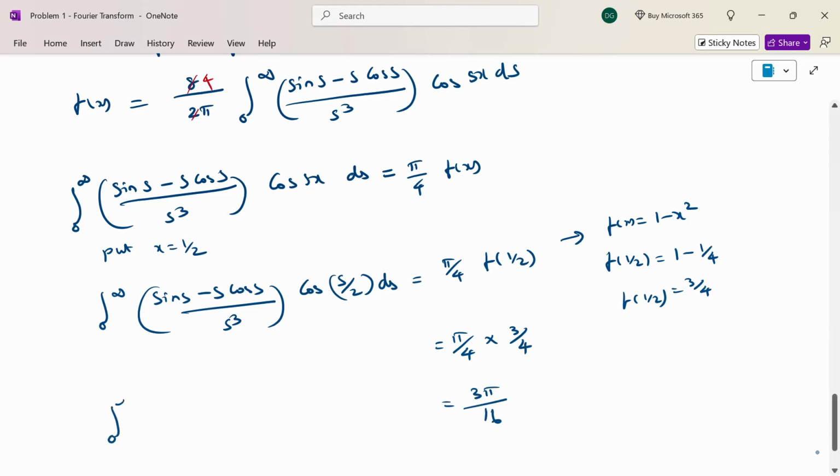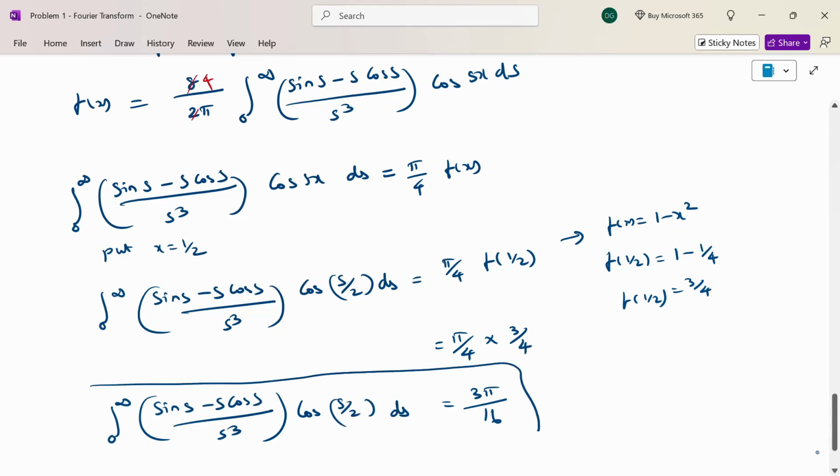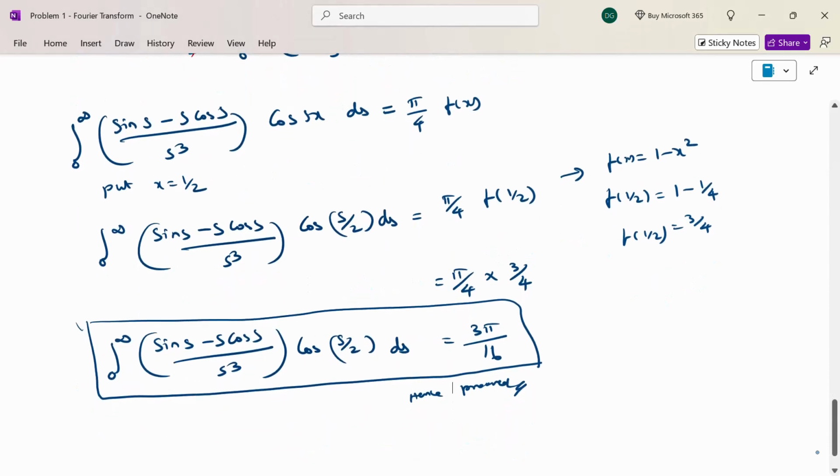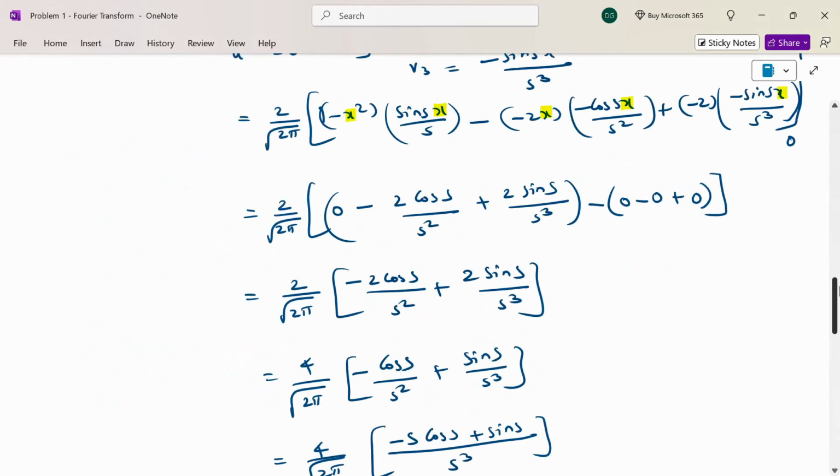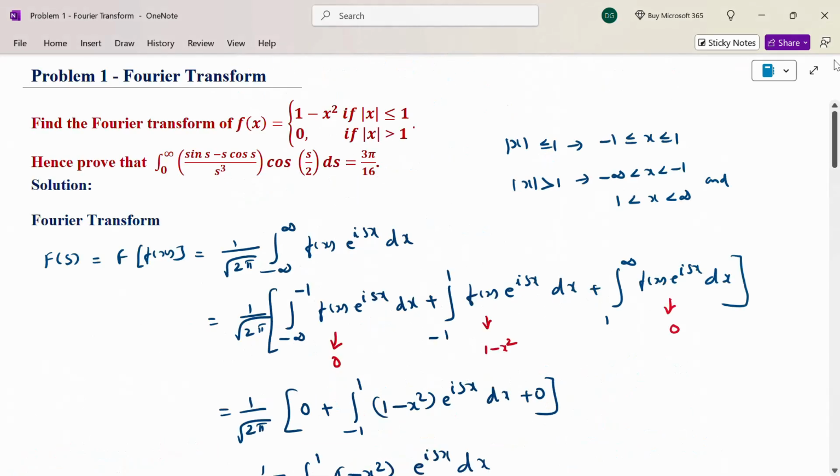So what we should prove is the integral of sin s minus s cos s by s cube into cos s by 2 ds equals 3 pi by 16. Hence proved. So this problem we solved by finding the Fourier transform and finding the inverse Fourier transform. Thank you.